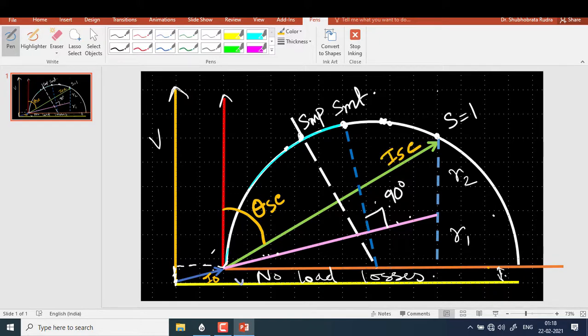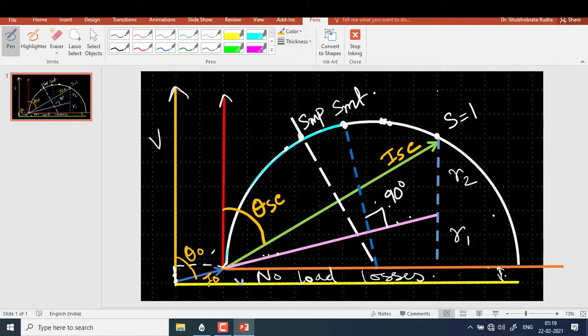Do remember, once you select a scale for I naught, suppose I naught is equal to 5 ampere, and you select 2 unit to represent 5 ampere, then the power scale will automatically be fixed, and this angle is theta naught.